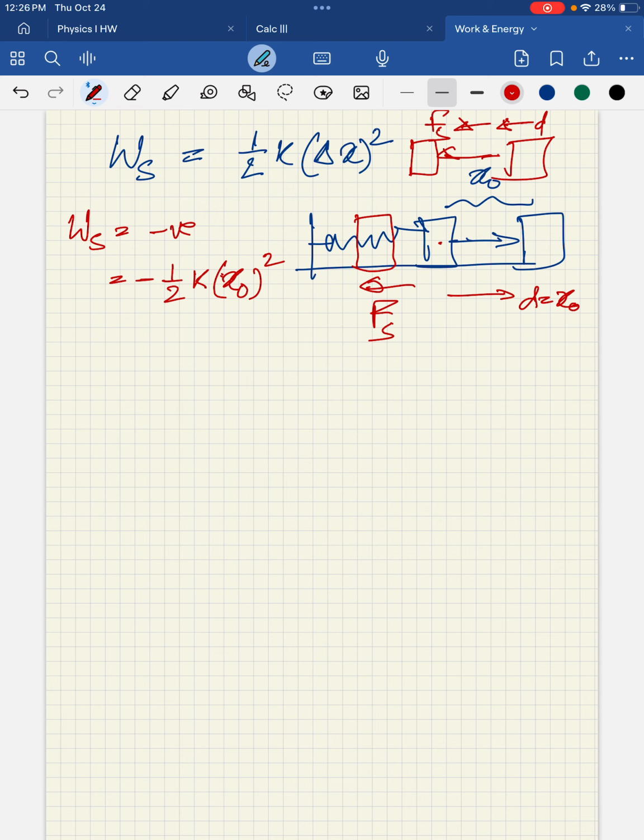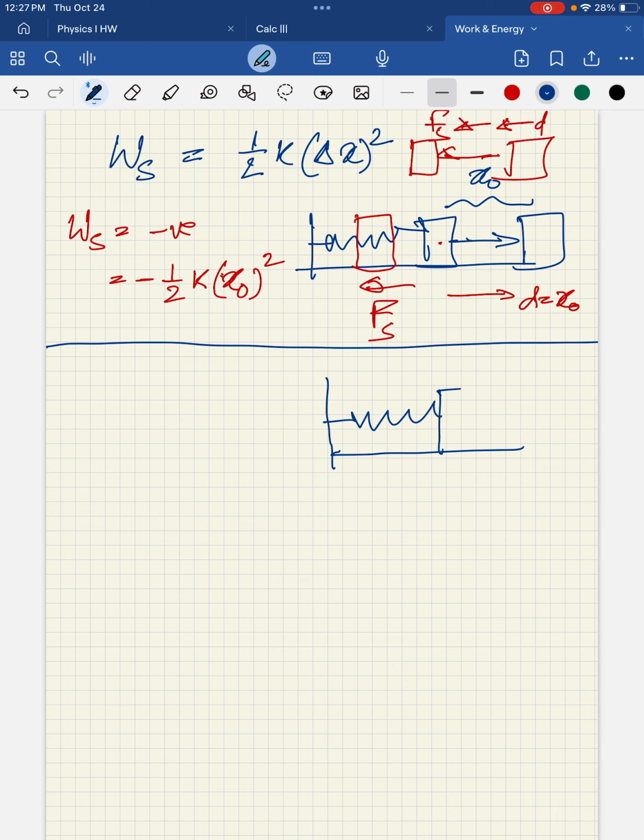After that, to illustrate this, just like we did for gravity, let's take a simple example. Let's take an object which is on a surface with coefficient mu k.